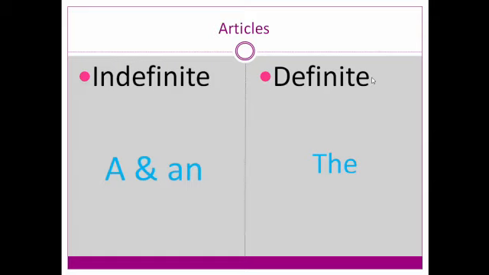Here these three, a, an, and the, have been divided into two. One is the indefinite article, the other is the definite article. Definite means specific; indefinite means non-specific, not specific.